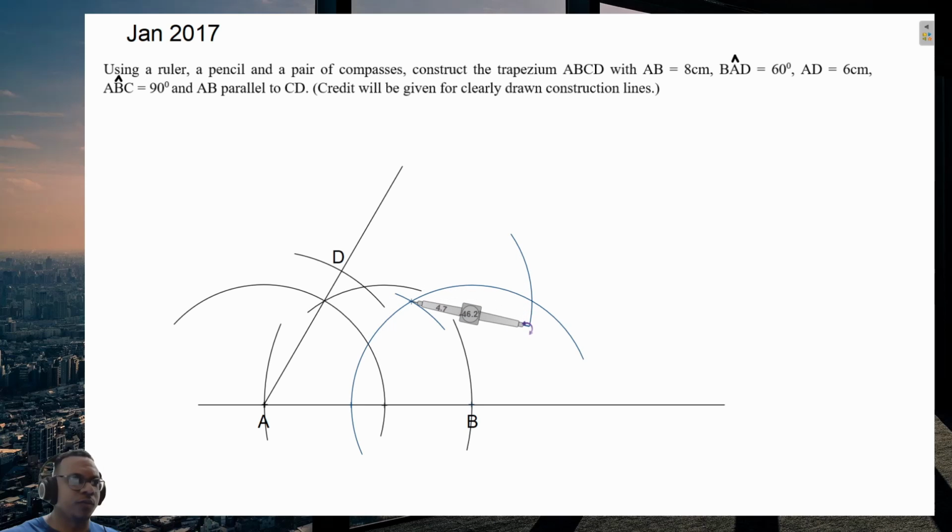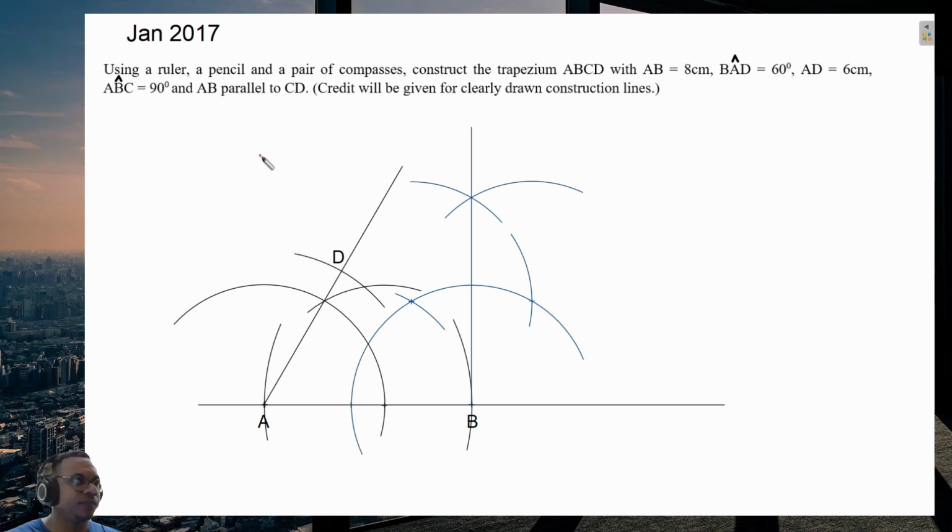This point will be our 120 degrees. And now we bisect between the 120 and the 60 to get 90.